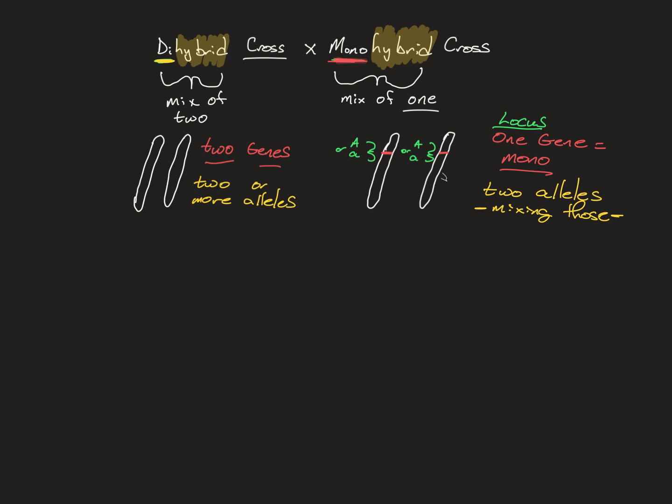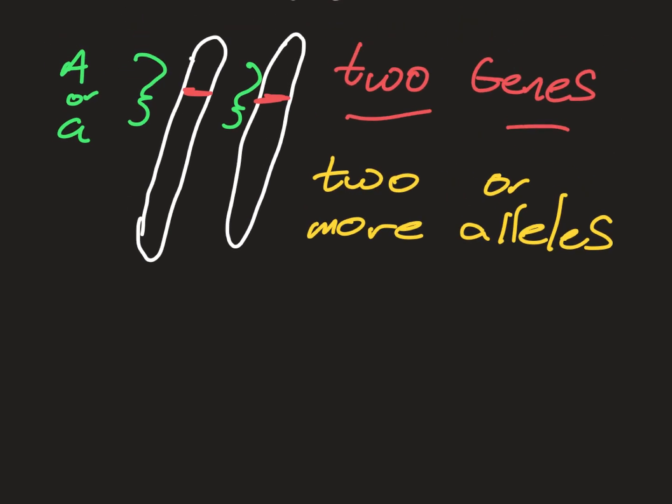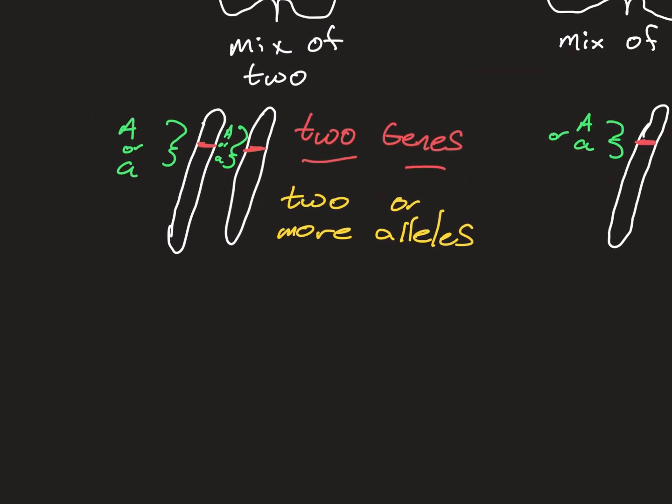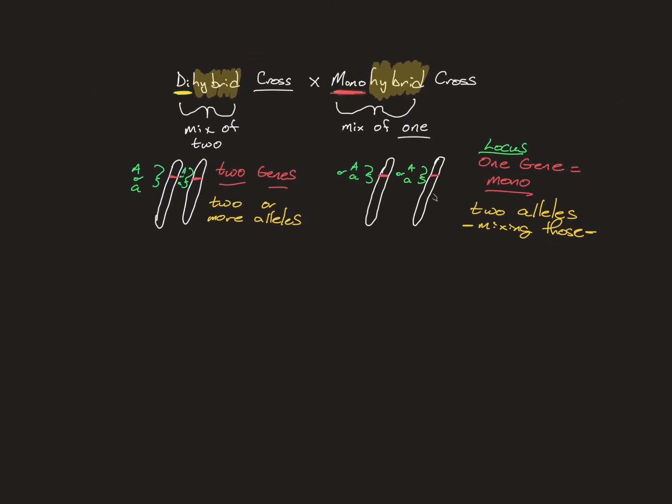So again, we could deal with here would be either big A or little a, and the same here, right? Big A or little a. So that's one gene, but then you could also have a gene here because it's dihybrid, meaning we're going to concern ourselves with more than one gene.